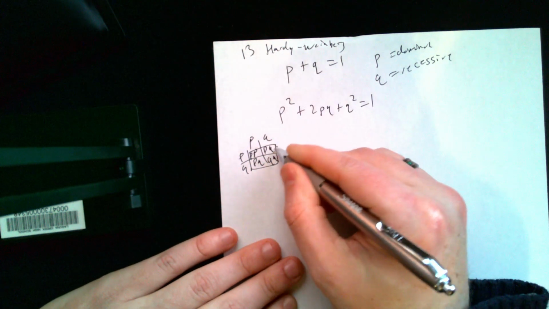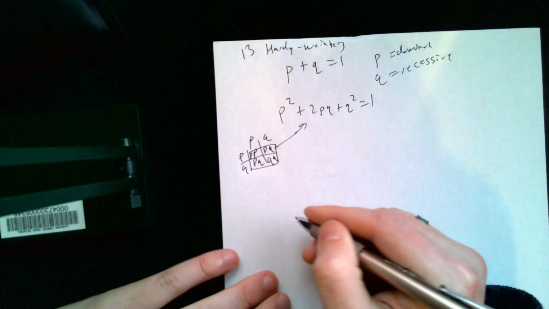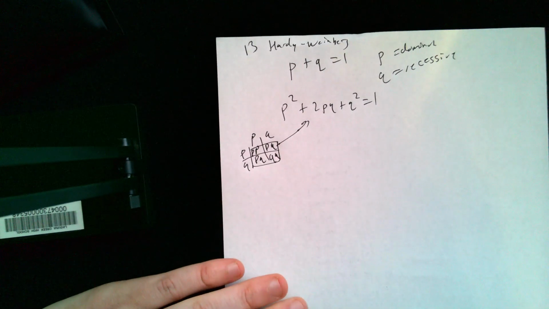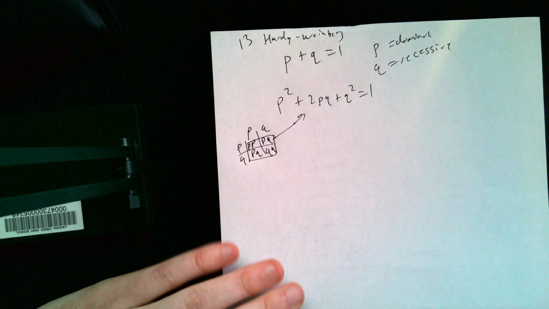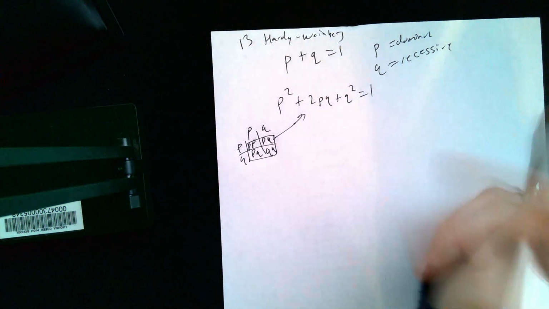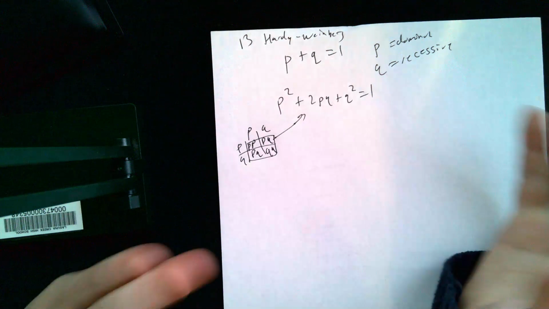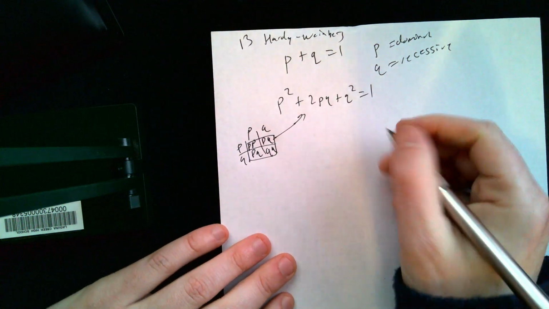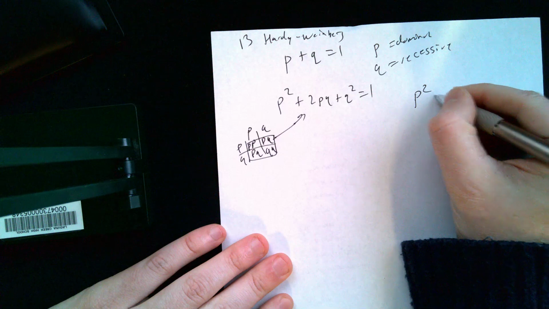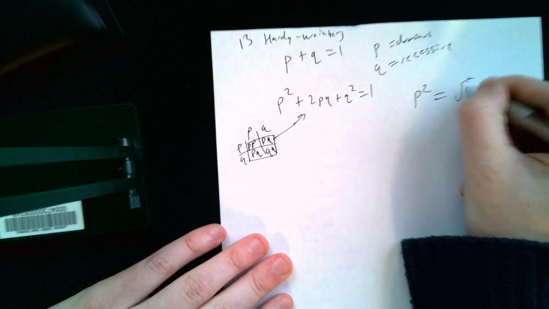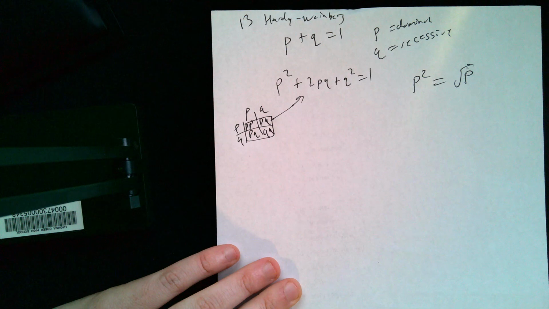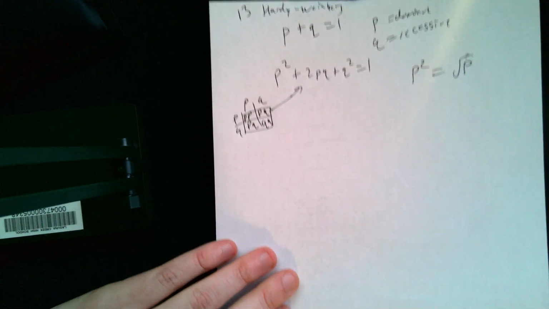And notice how there are 2 boxes that have PQ, which is why it's 2PQ for the middle one there. Okay? And so if one of the genotype frequencies is known, you can calculate the allele frequency from this, right? You have a system of equations. If you know one, you can figure out the other pretty easily. So if you know P squared, you would take the square root to find P, etc. It's a little more annoying if you're given 2PQ. Hope they don't do that to you.